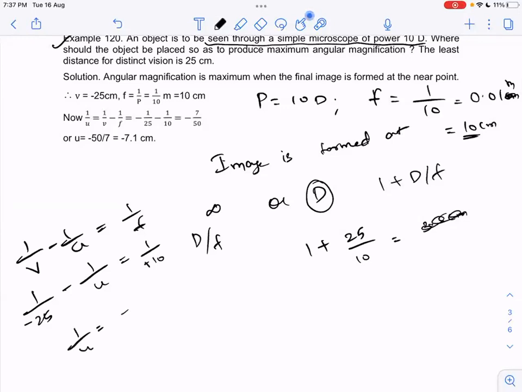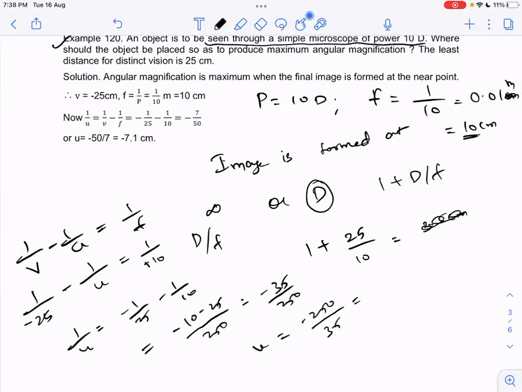So 1 by U is equal to minus 1 by 25 minus 1 by 10. How much is going to be the answer? Minus 10 minus 25 divided by 250, minus 35 divided by 250, or U is equal to minus 250 divided by 35, or minus 50 divided by 7. So 50 divided by 7 is 7.1 centimeter.